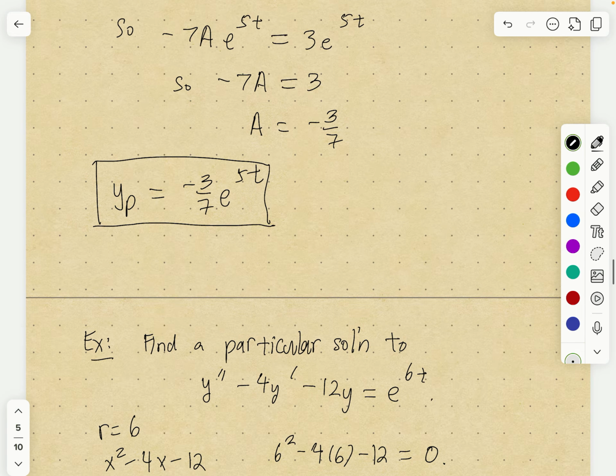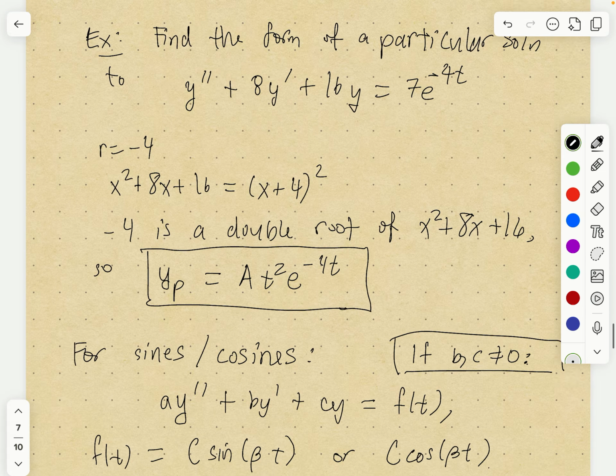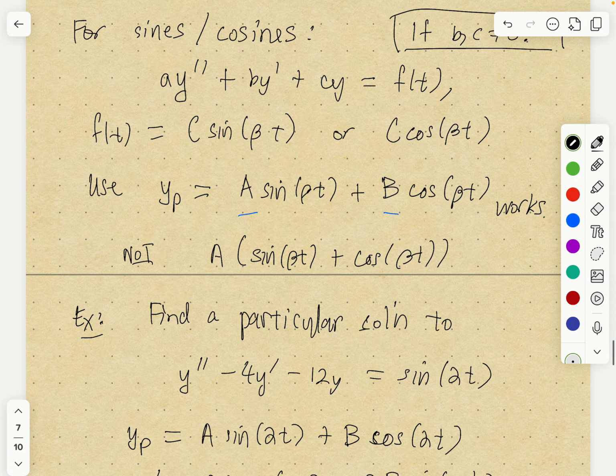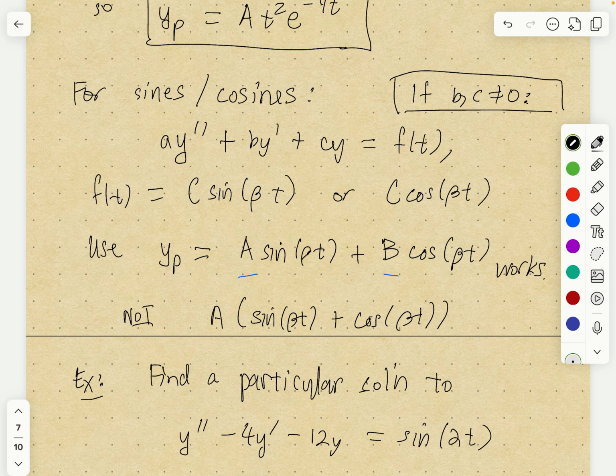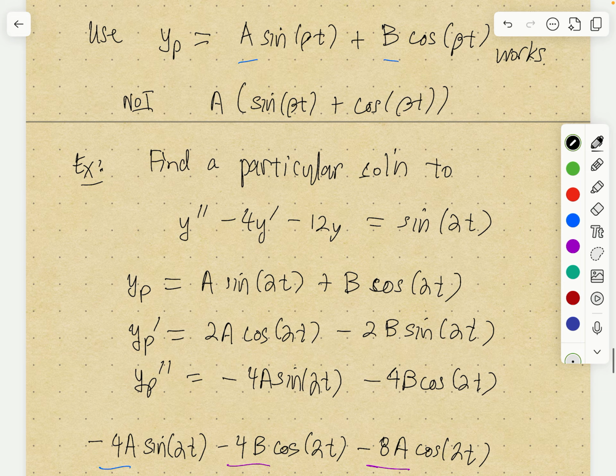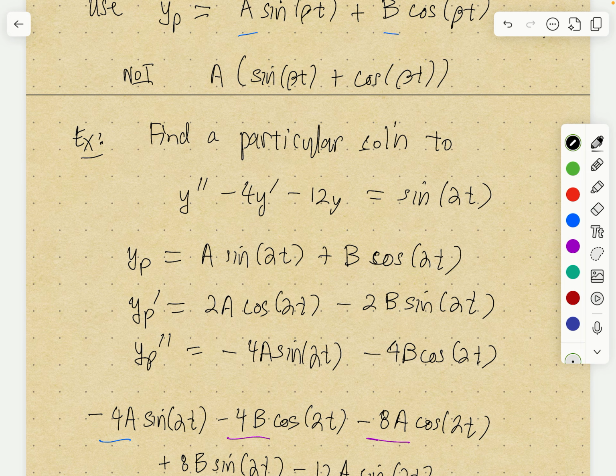And then when you have a sine or cosine, the thing is that you just don't want your yp to be a solution to the homogeneous equation. So let's see, when do you get a sine of 2t as a solution to the homogeneous equation?